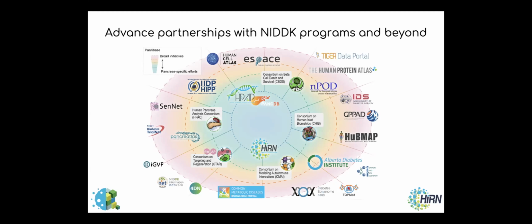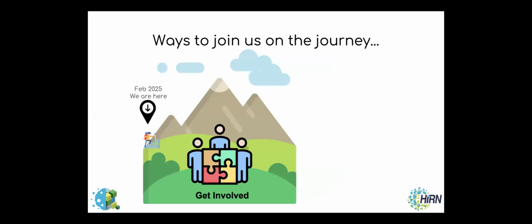So working together is really critical for us to advance this initiative and path forward. We are also building partnerships with Human Cell Atlas, for example, with their integration team, focusing primarily on transcriptomics data sets. And so, as Anna said very early on, we are at the very beginning on our journey.